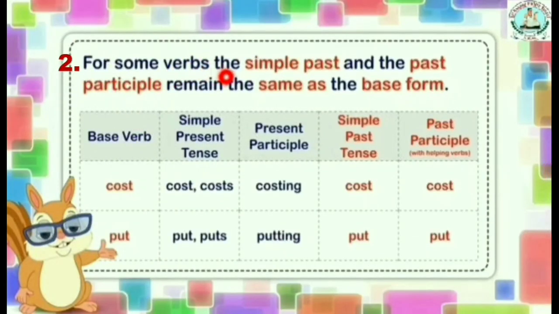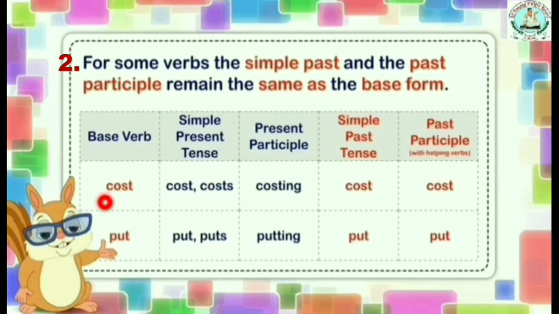For some verbs, the simple past and the past participle remain the same as the base form. Observe the chart. Here the base form cost remains as it is in the place of simple past tense and past participle.